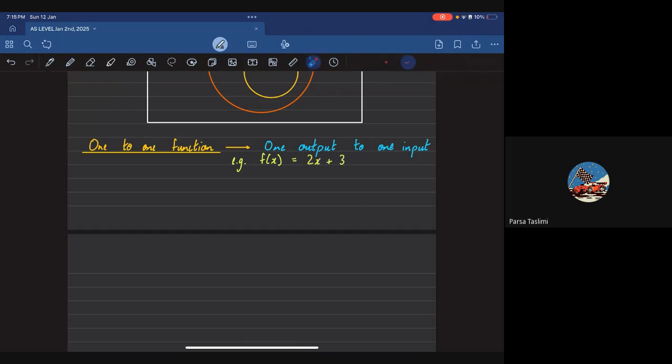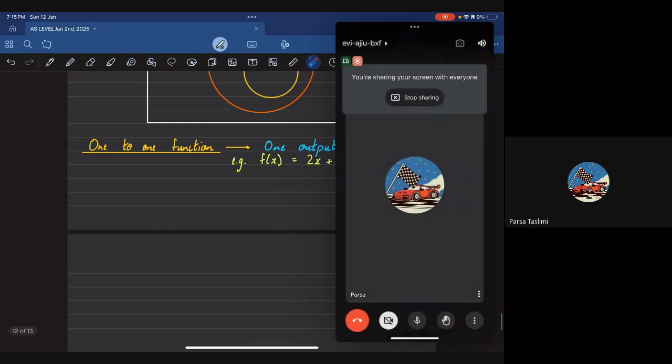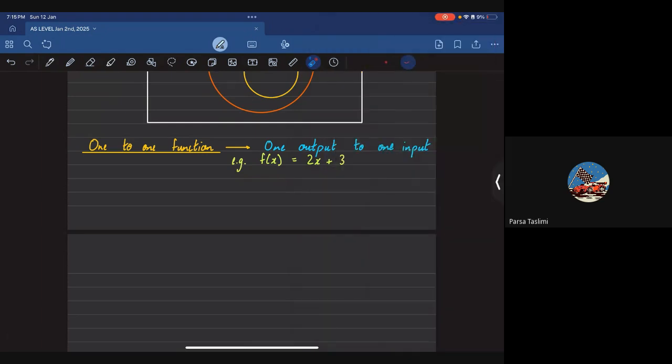All right. Now, looking at this, it is a linear function. Why? Because whatever value of x you're putting into the function, it is only going to give you one value of f of x, or one output. It is not going to give you multiple outputs. And we'll see what types of functions give multiple outputs as well.